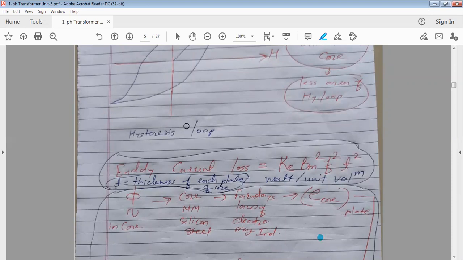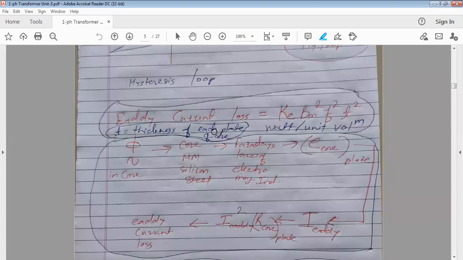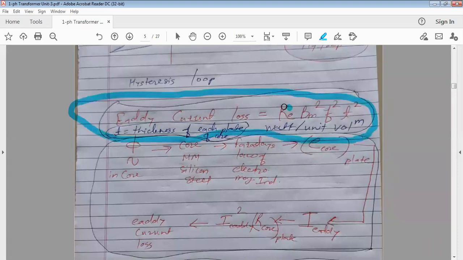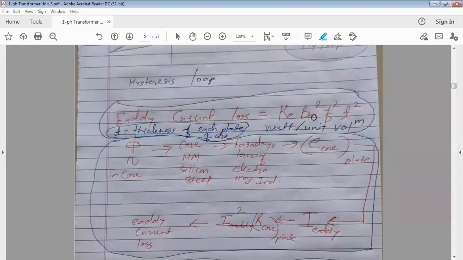Eddy current loss, so see here. This is the formula for eddy current loss. Ke is the eddy current constant. Then B max, the maximum flux density, squared. Frequency, squared. And here T is not time. What is T?